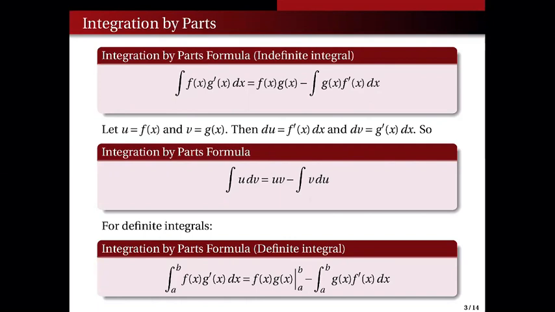So what's the point? Well, possibly this integral on the left-hand side is not easy to integrate. Your goal when you apply integration by parts is to produce this expression such that this integral here is easier to integrate.